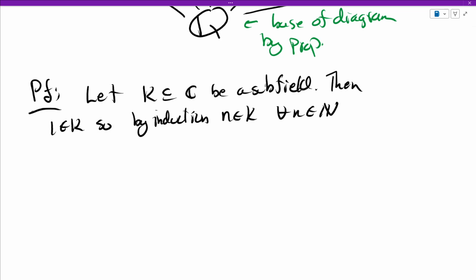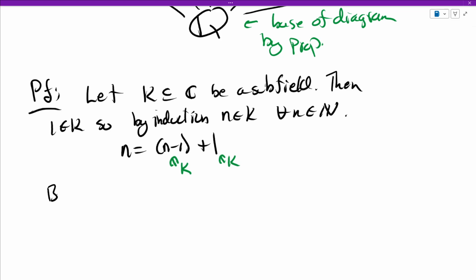Because if you have 1, you have 1 plus 1 is 2. If you have 2, you have 1 plus 2 is 3. If you have 3, you have 1 plus 3 is 4, and so on, because 1 is there. So you can inductively build, and you inductively build by n is n minus 1 plus 1. You know that 1 is in K because it's a field, and by the inductive hypothesis n minus 1 is in K, so n is in K.